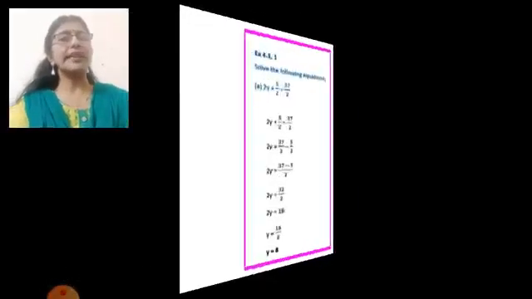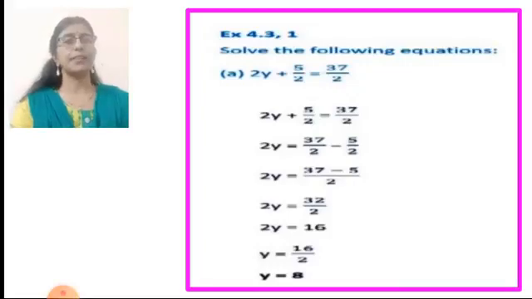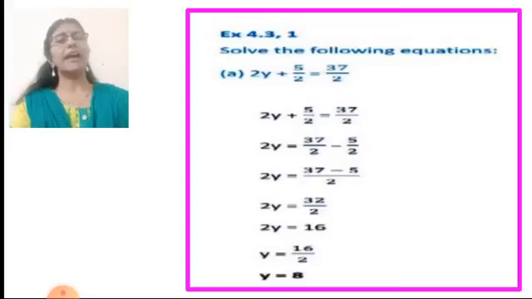Now let us go to the next equation. This is from exercise 4.3. First question, solve the following equations. 2y plus 5 upon 2 is equal to 37 upon 2. Always remember, whenever we solve an equation, we keep the variable on the left hand side. So here 2y has the variable y, so we will write 2y on the left hand side, and 37 is already there on the RHS.